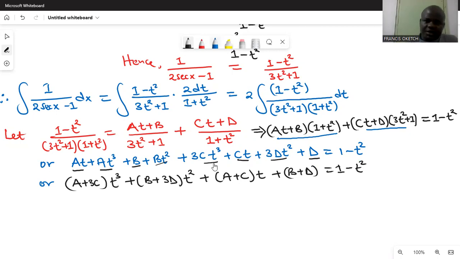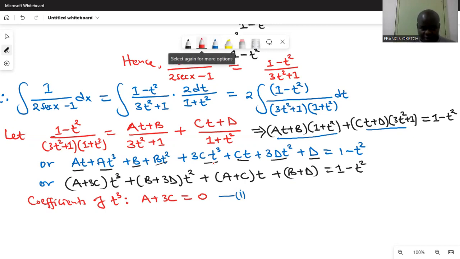The next thing, you equate the corresponding coefficients. Let's look at the coefficients of t cubed. We get a plus 3c equals 0, as there's no t cubed on the right-hand side. This is equation 1. What about the coefficients of t squared?